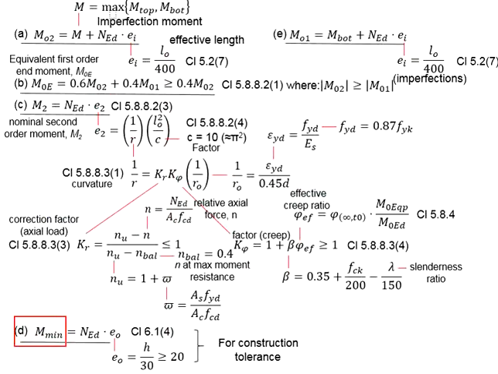The M min will be meant for the construction tolerance. It is calculated using the NED times E0. The E0 here is calculated on the basis of the column size. The formula for the E0 would be H per 30, where the E0 should be at least 20.